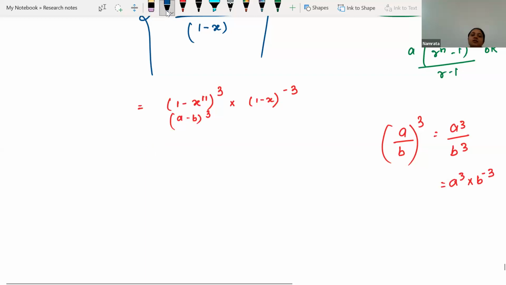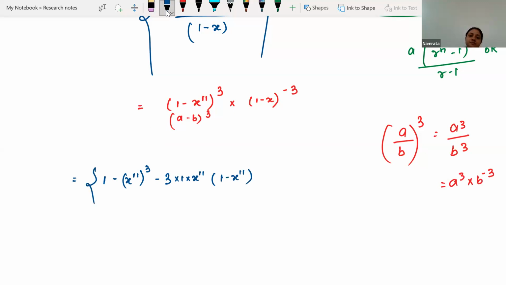What is the formula, Lena? a cube minus b cube plus 3ab, or minus 3ab, in bracket a minus b, right? And let's write the other one as it is.